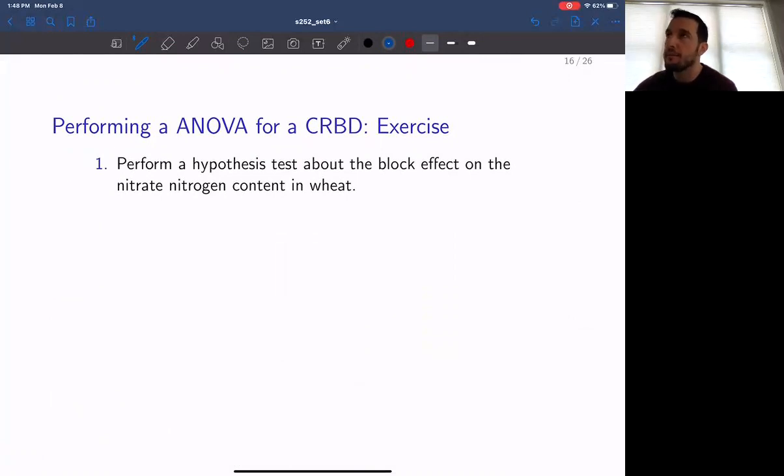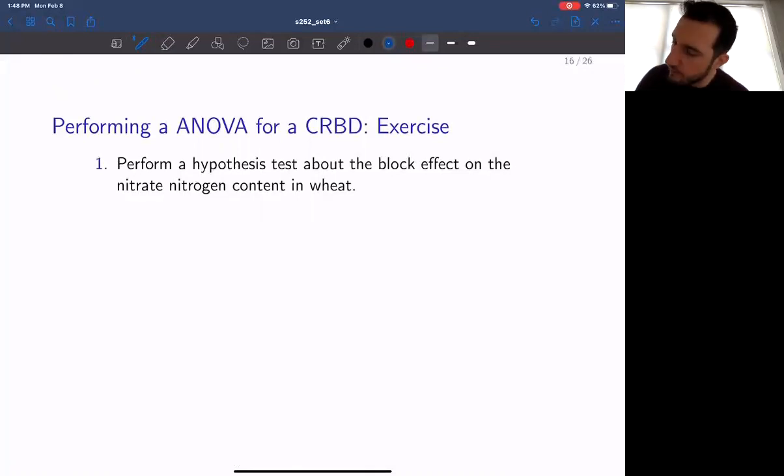So you can imagine that if you do not reject the null hypothesis in the test about the blocks, you're basically saying there's no evidence that the means are different across the blocks, which would imply that there's no evidence to suggest that blocking was effective. Whereas if you do reject the null hypothesis for the block effect, that would give evidence of a difference in means across the different levels of the blocks, which would mean that there was a reason to block because there is this difference in the means.